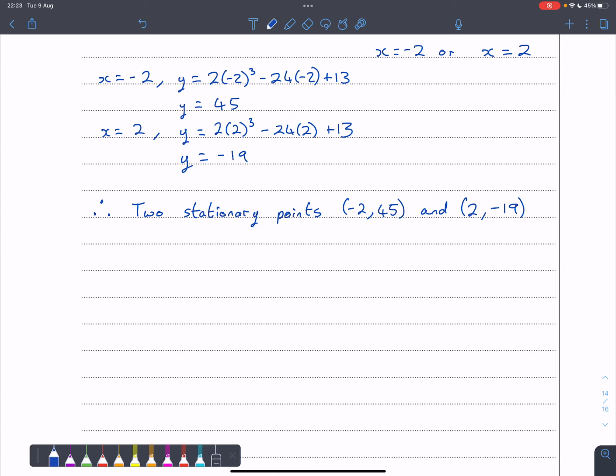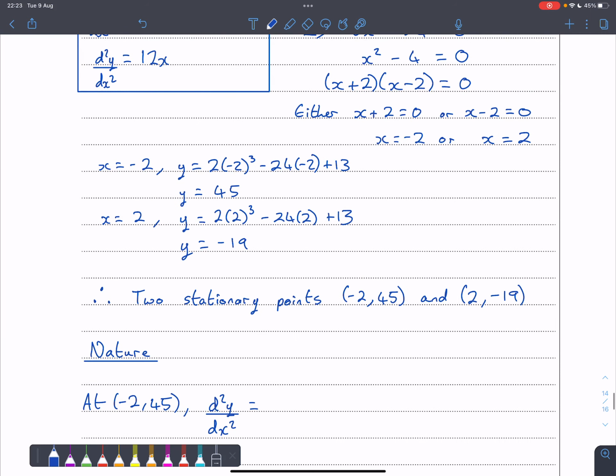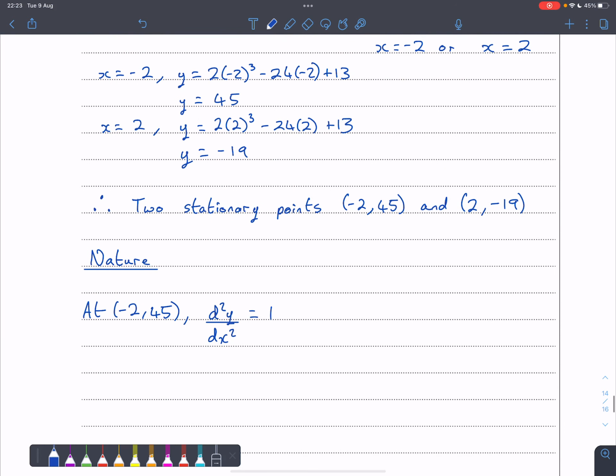The way that we do that is by looking at the second derivative. If I look at the first point, negative 2, 45, then my second derivative, d2y by dx squared, is 12x. So it's 12 lots of negative 2, which is negative 24.